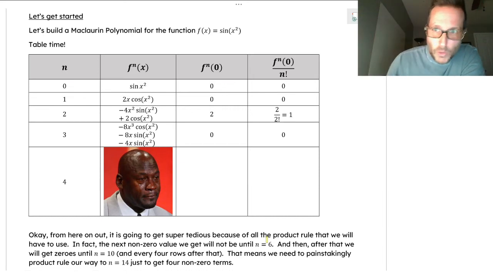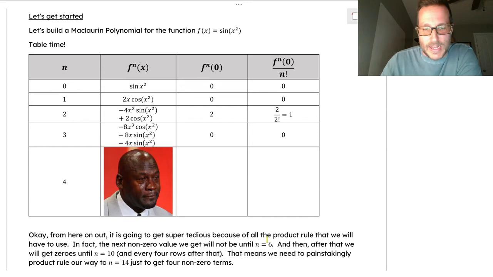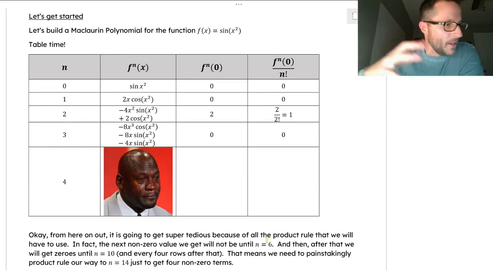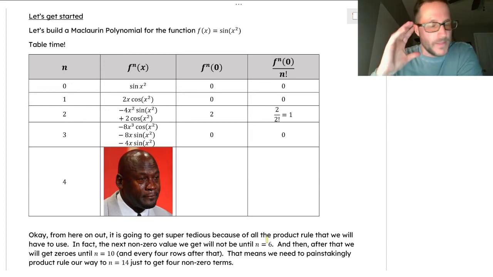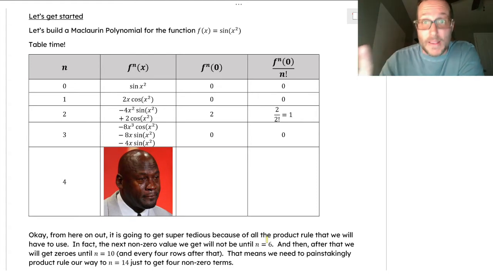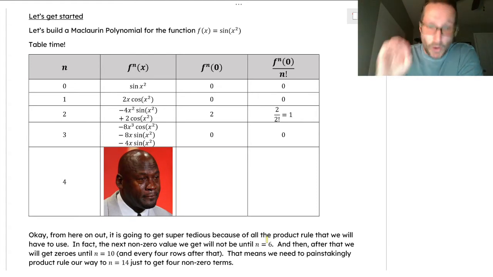So like every 4 derivatives, we're going to get something that's not 0. And I don't think we're going to do that because it's going to take some super tedious chain ruling, product ruling, just mind-boggling. Don't mess up at all. It's going to take 14 derivatives just to get 4 terms.